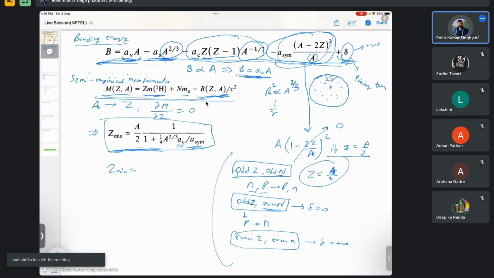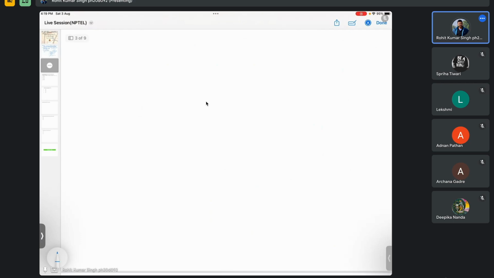Okay, so after this, one more thing I wanted to briefly discuss, which was the concept of this probability current. So, in quantum mechanics, a probability current is defined by this formula.